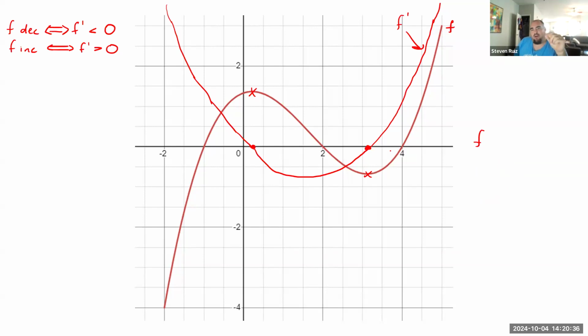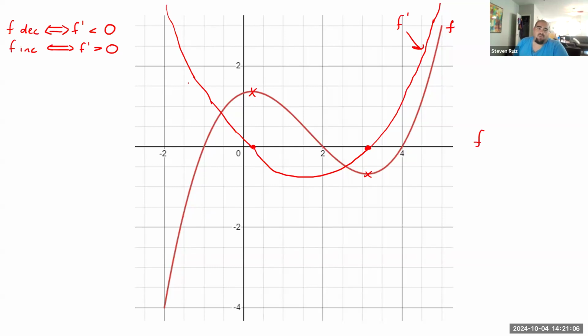If I want to make the graph of f double prime, I'm going to construct that from f prime in very much the same way, really exactly the same way. So what did I do to make f prime from f? I found the places on f which were maxima and minima, and I realized that those were going to be critical points.